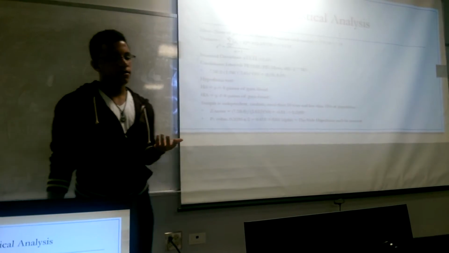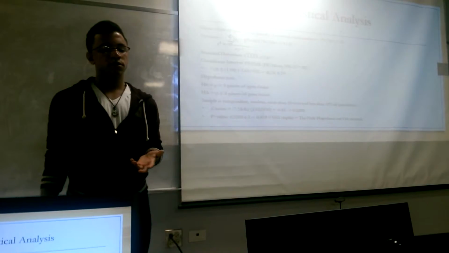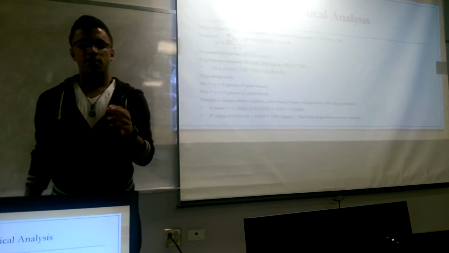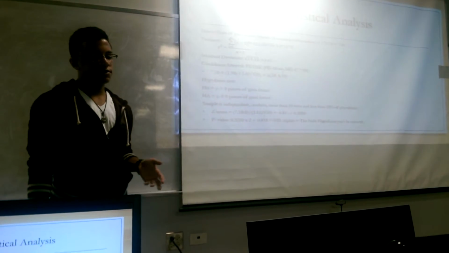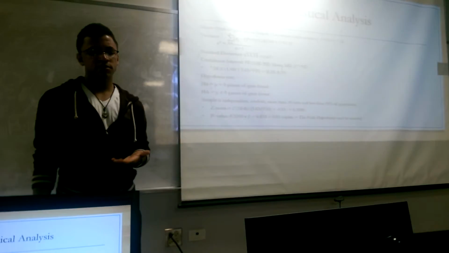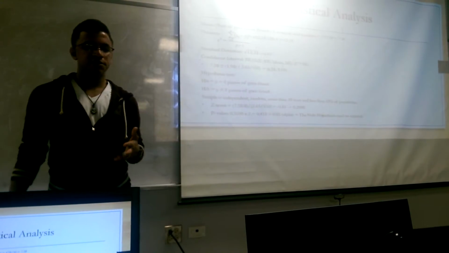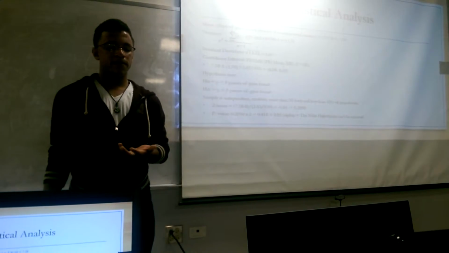Then we consider the confidence interval as point estimate plus or minus the margin of error. As you can see, the point estimate is the mean, and the margin of error is Z star times the standard error.